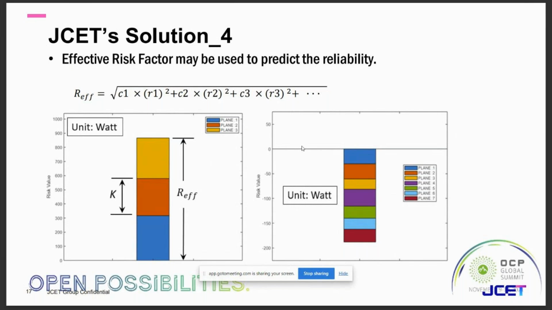The left figure means that this power magnitude will be positive, then it's not safe. And the right image shows that the effective risk factor is negative. Then it means that when the designer uses this set of power magnitude, it will be safe.